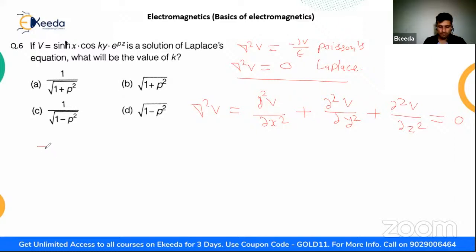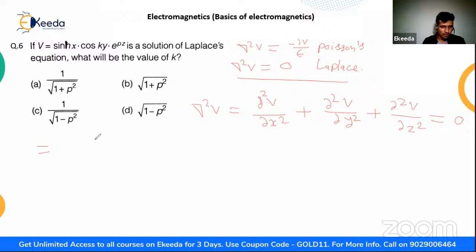So if we solve, this is differentiation with respect to x square. Double differentiation: sine differentiation gives cos hyperbolic, and then again differentiation of cos hyperbolic x will be sine hyperbolic x.